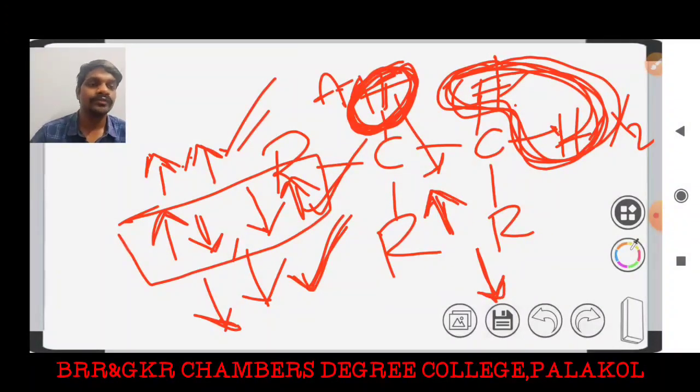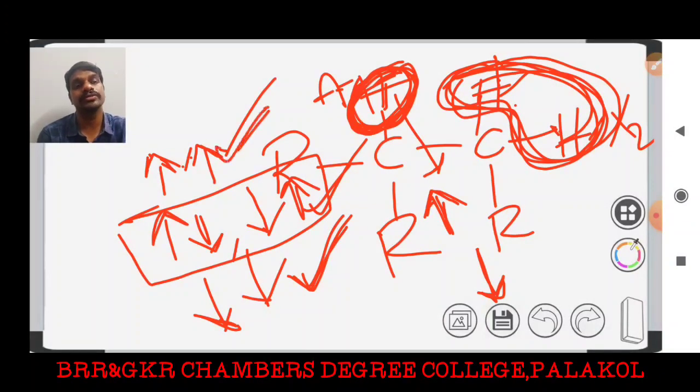So if the magnetic environment around the hydrogen changes, then the precessional frequency will change. That is why it resonates at different precessional frequencies. Precessional frequency is directly proportional to the external magnetic field, so when the external magnetic field changes, the precessional frequency also changes.